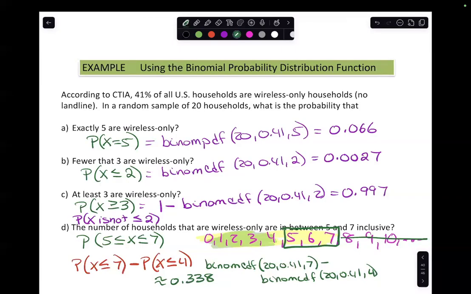So you did binomCDF twice. Right. This right here gave me 7 or fewer, so it included this piece that we don't want. I subtracted it off. Oh, okay, so you just subtract two groups from one of them. Right. Perfect. Other questions?